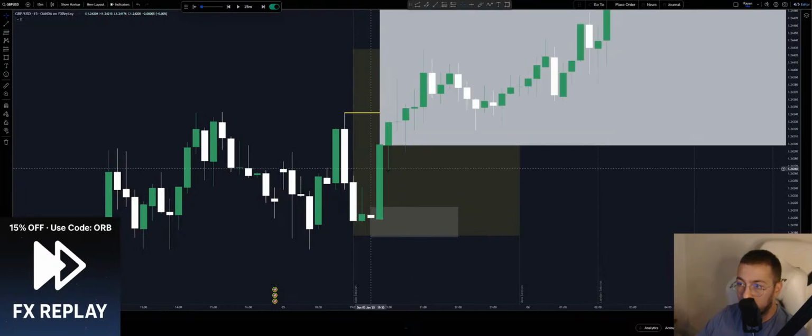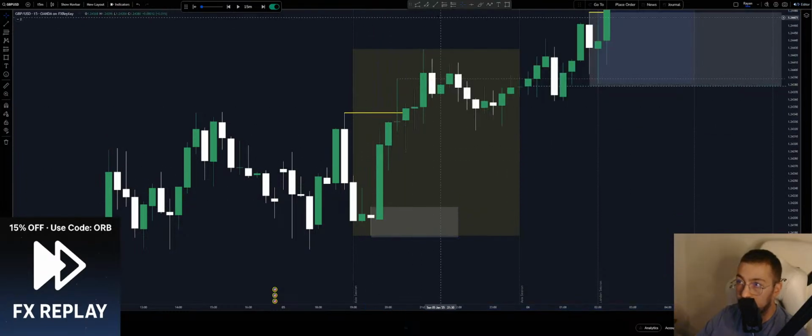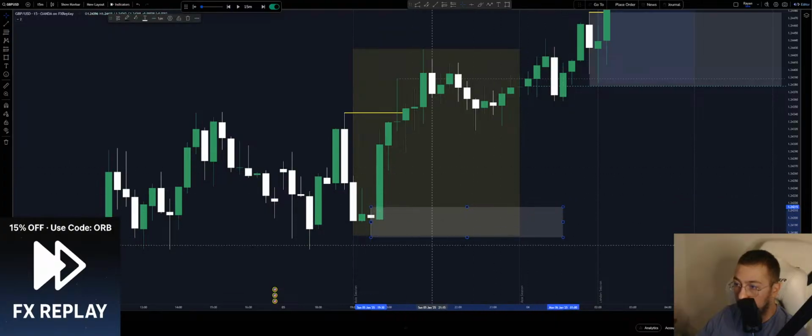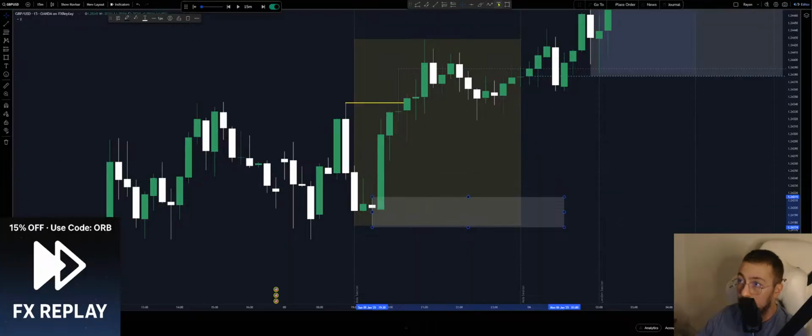We need to wait for the price to break structure, which it did here. So now we did break structure. Then if we retest the demand zone, we will be looking for entry. But if the price created this demand zone and did not break structure and then retest it, that's not a valid zone for us. Is that clear?